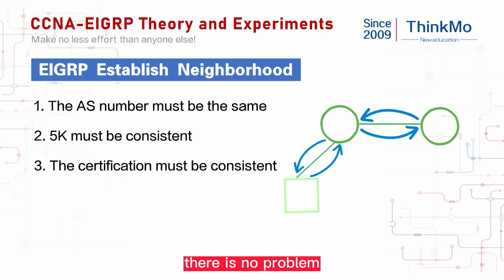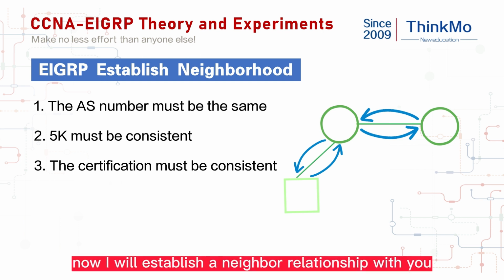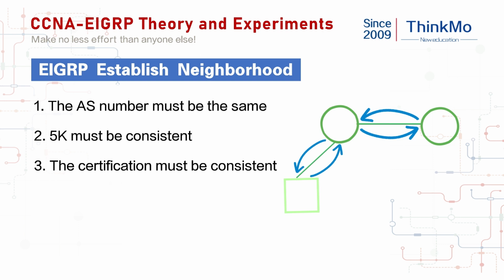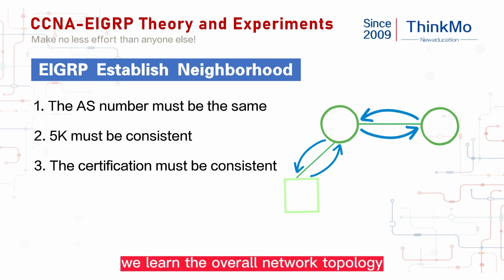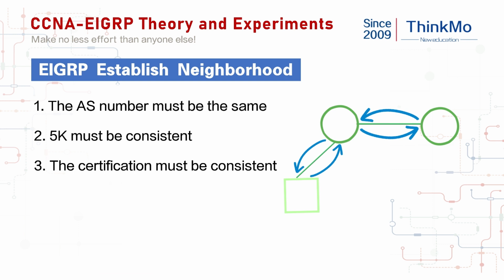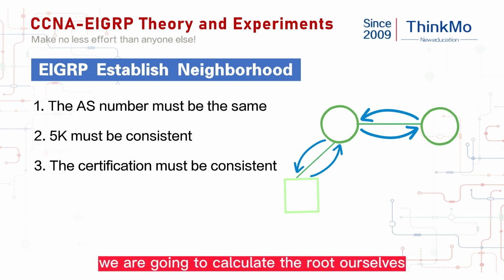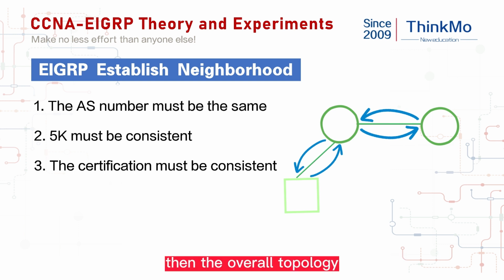I will establish a neighbor relationship with you and we start to calculate, because in the future we learn the overall network topology and calculate the routes ourselves. So you will find I can break into you.